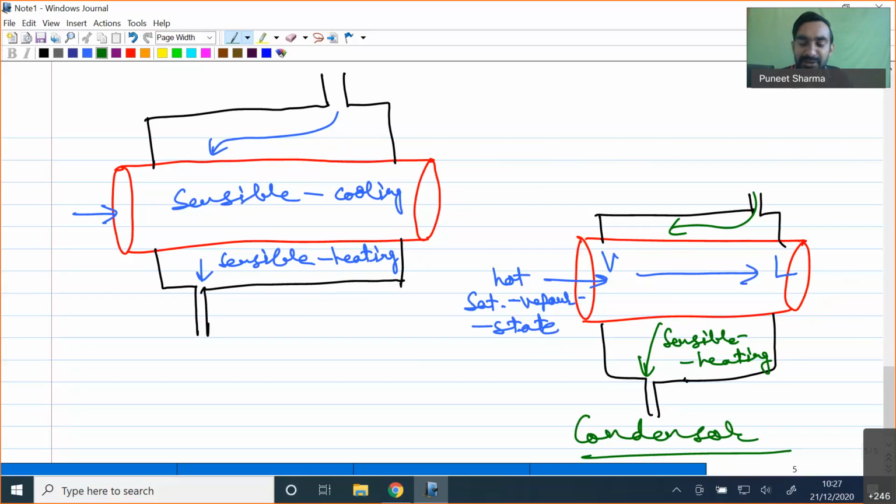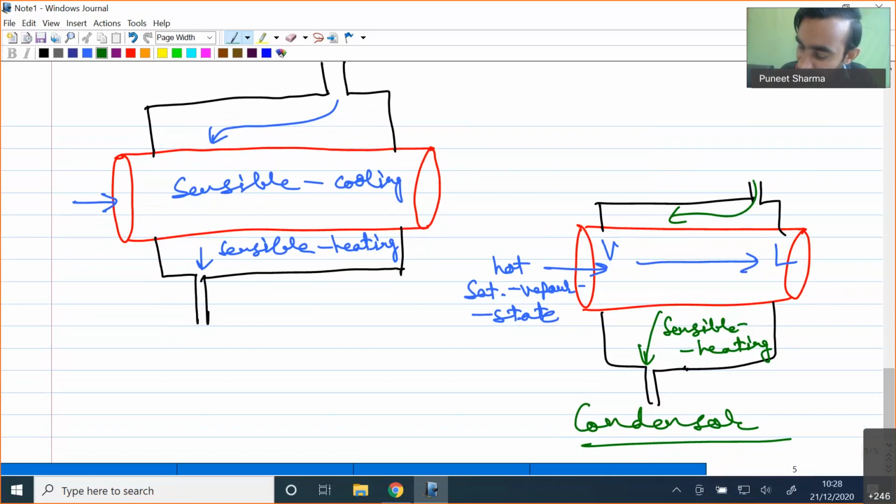And condenser has many engineering applications. If you see your home refrigerator, on the back side we have one condenser. How it works, we will see subsequently. Moreover, in coal-based thermal power plants also, we have condensers. How these are applicable, we will see in our subsequent lectures.